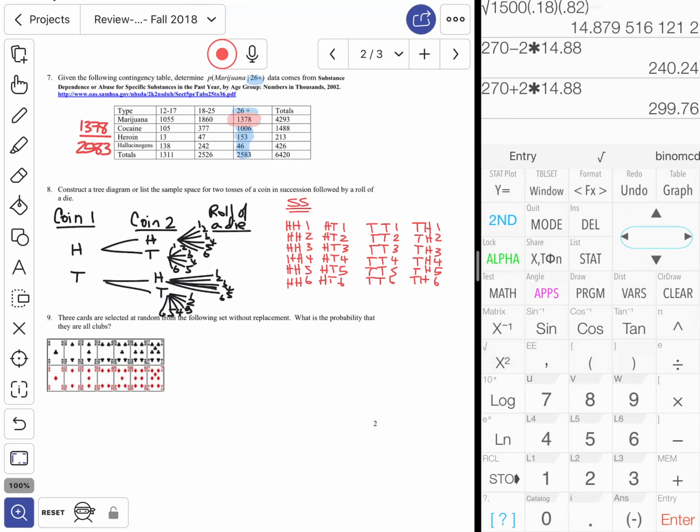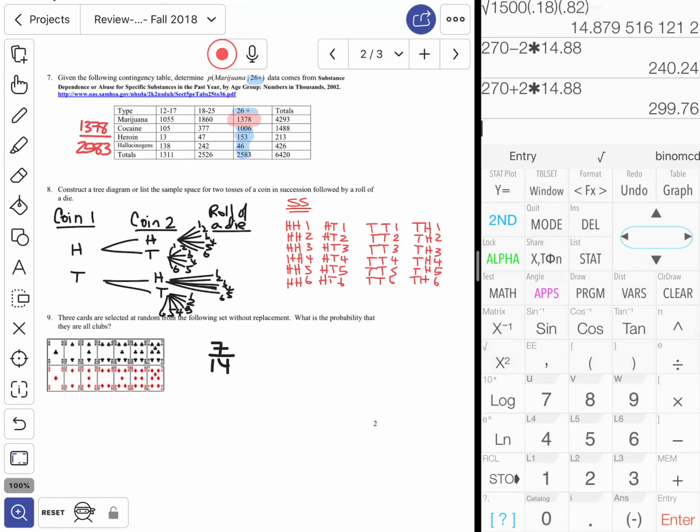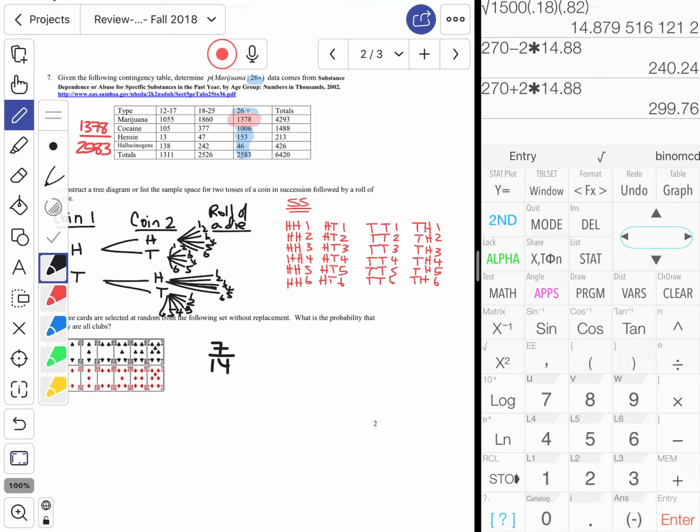Number 9, 3 cards are selected at random from the following set without replacement. What's the probability that they're all clubs? Well, I have a total of 1, 2, 3, 4, 5, 6, 7 cards, half of which are clubs. Those are the black cards. So 7 out of 14. Then we're selecting 3 of them without replacement. So if I select one of them at random, then any of the 6 remaining cards would be clubs out of the 13 overall.